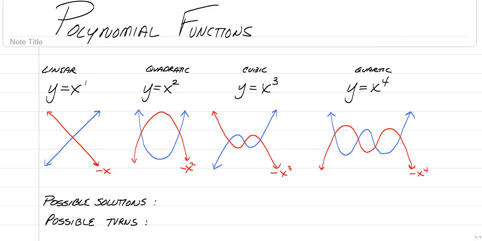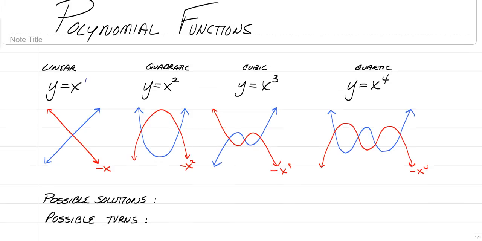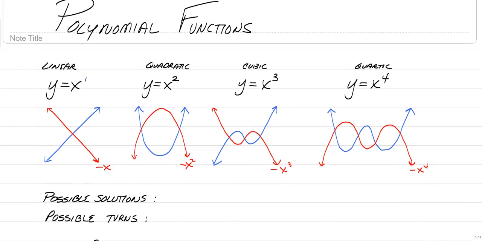And I guess the last thing we want to talk about for now is possible solutions of each. Possible doesn't mean the absolute number. It just means how many are possible. We've discussed before that if you just graph a line, it's going to intersect the axis once.